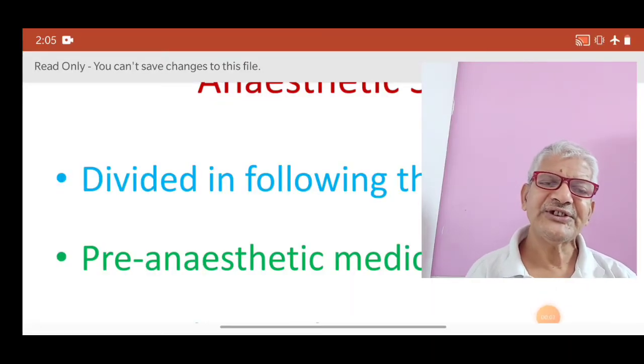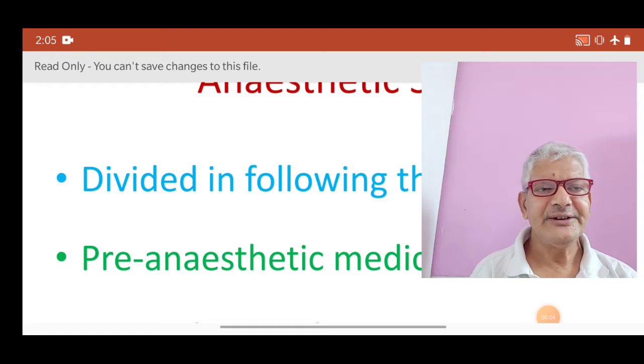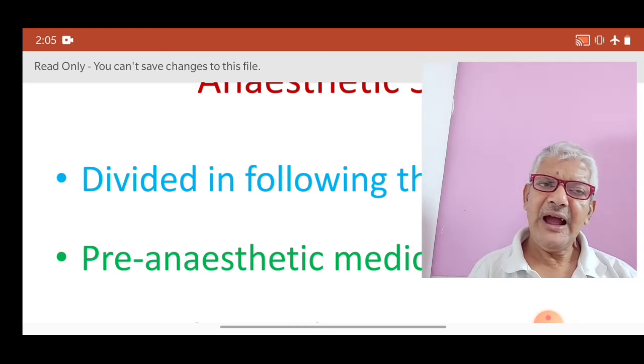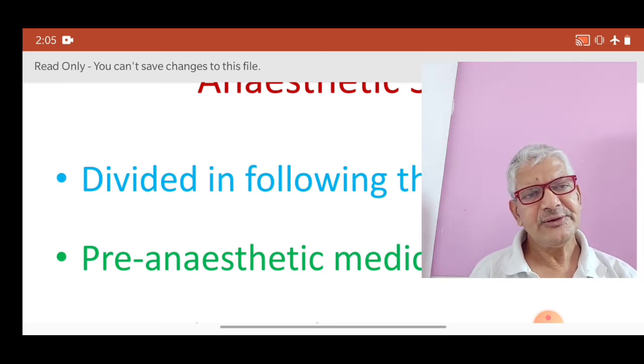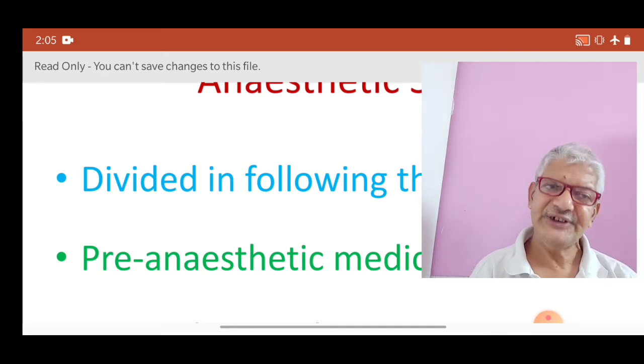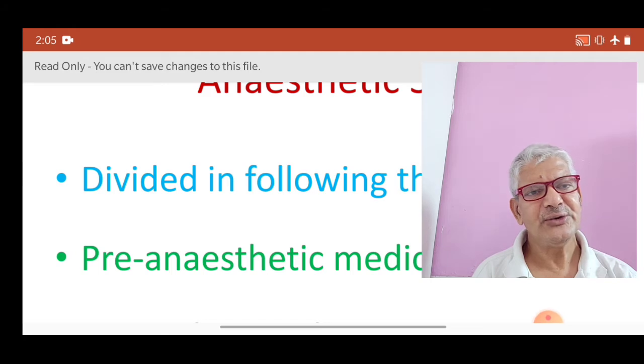In the previous class, we studied the stages of general anesthesia, and these were divided into 4 stages: stage 1, stage 2, stage 3 and stage 4.